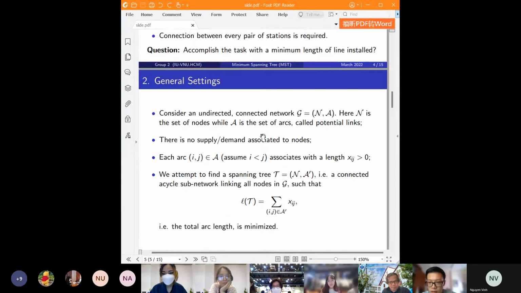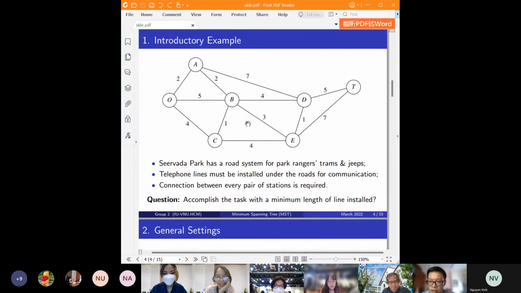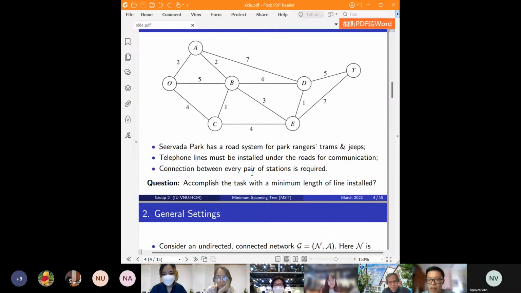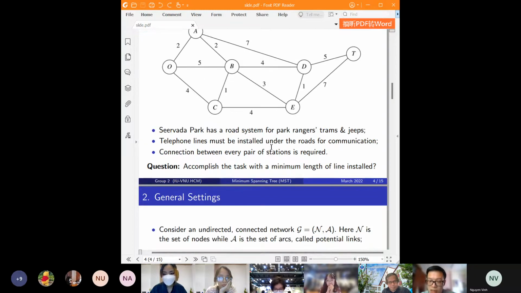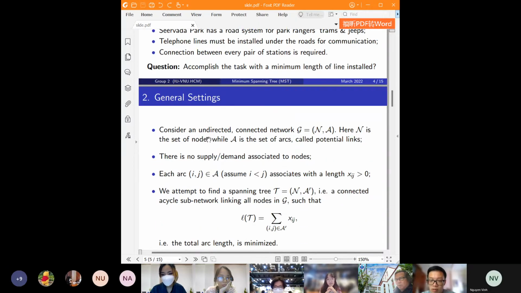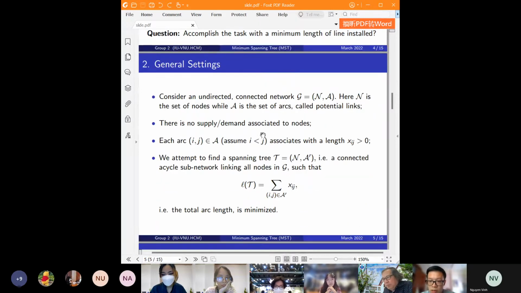Okay. So Thương has already introduced the introductory example from which the concept of the minimum spanning tree problem arises. And so I will now present the problem of finding the minimum spanning tree in its very general form. Generally, we consider an undirected and connected network G with the set of nodes N and the set of arcs A, and we also call these arcs the potential links.